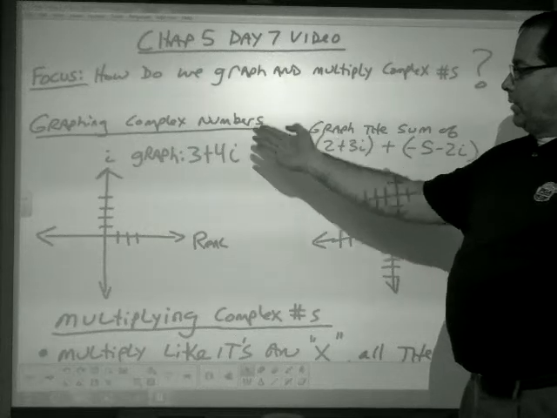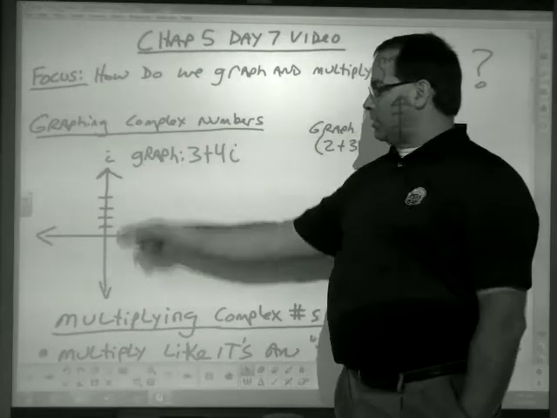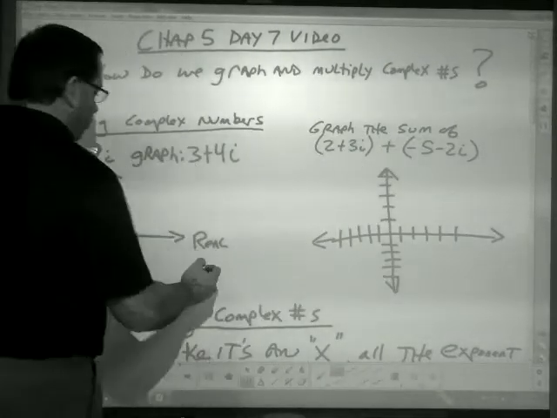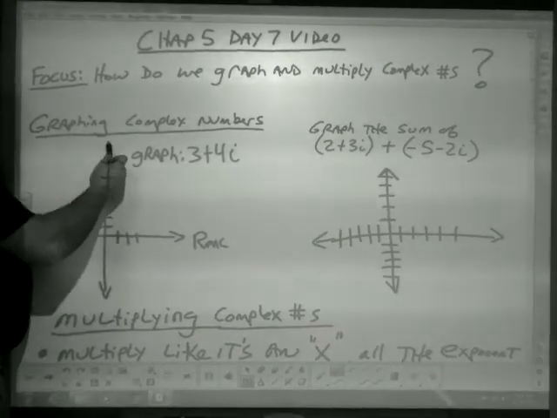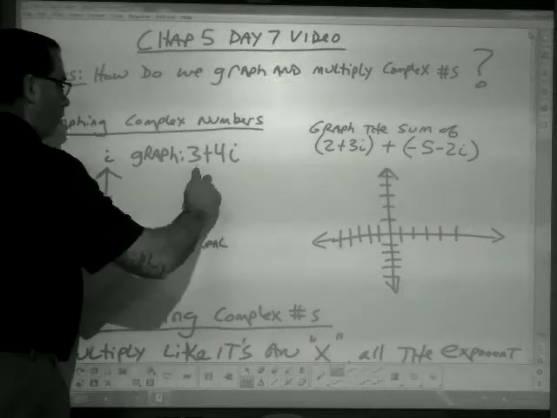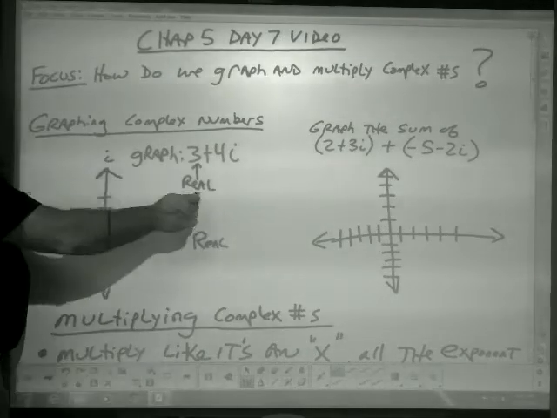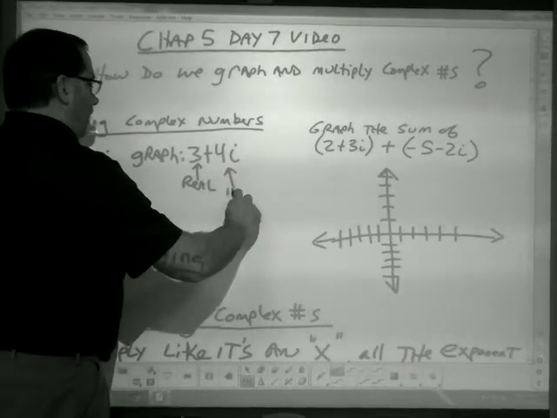Let's take a look. It's on an axis that looks like an XY axis, except the axis has a real part and the imaginary part. When I'm graphing complex numbers, that's the real part. This is the imaginary part.